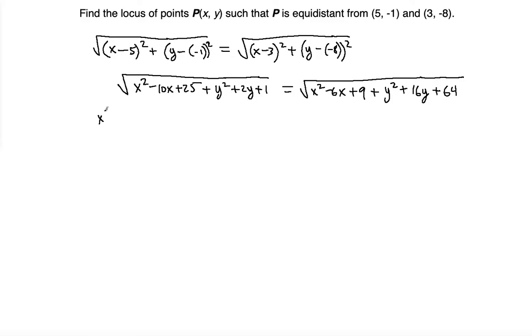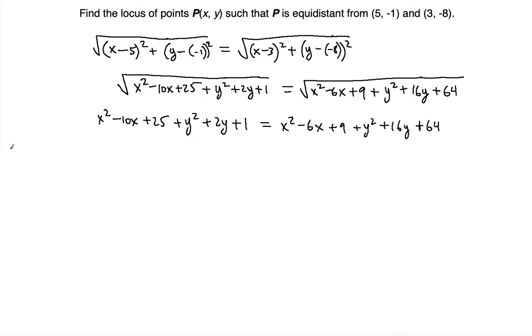So you're going to get x squared minus 10x plus 25 plus y squared plus 2y plus 1 is equal to x squared minus 6x plus 9 plus y squared plus 16y plus 64. So now we want to get rid of the terms that are the same on both sides. The y squares are gone.